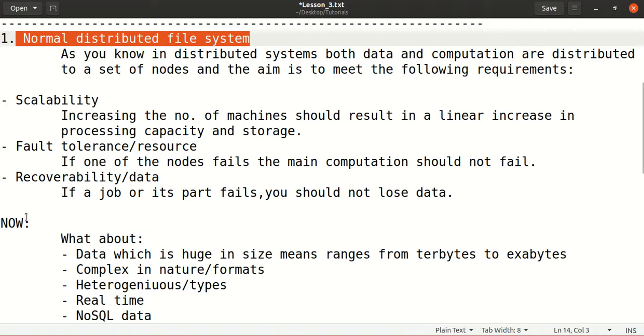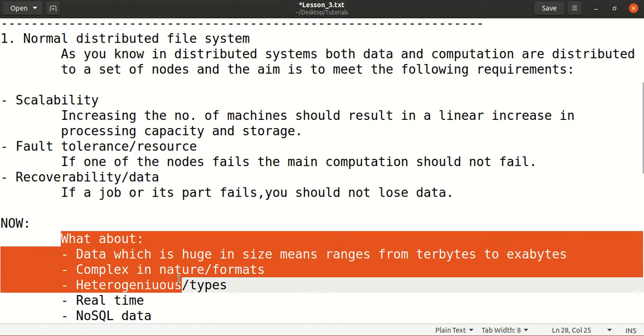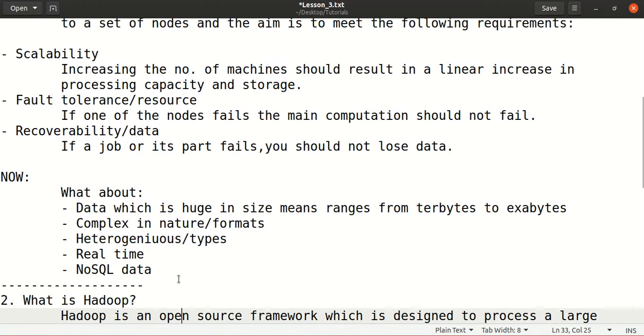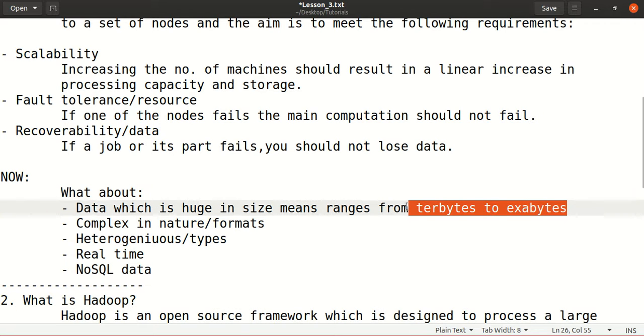Now, what will happen if we have the following conditions? For example, data which is huge in size, ranging from terabytes to exabytes. Is it possible to handle this data through normal distributed file system? The answer is yes. A large volume of data will be handled by normal distributed file system, but it is expensive.